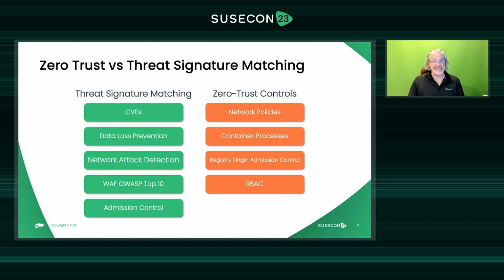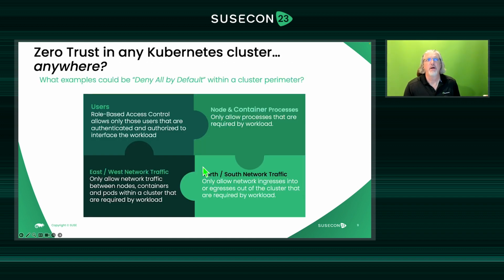So that's kind of a deny all registries by default, only allow these registries to allow us to pull images from those registries only. And of course, I mentioned before, role-based access control. Whenever you log into an environment, the permissions that you have, that's zero trust, right? It's deny all by default. We know what the perimeter is, authenticated, authorized, et cetera, et cetera. So zero trust in Kubernetes.